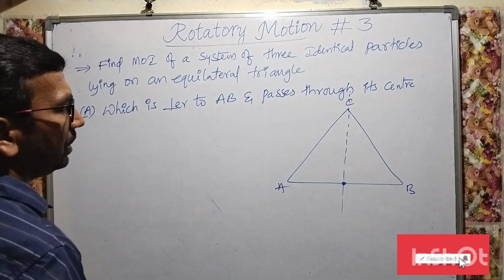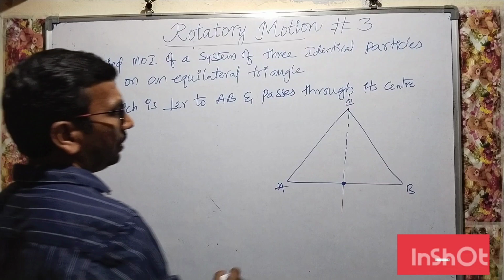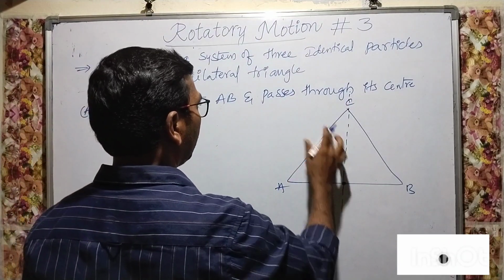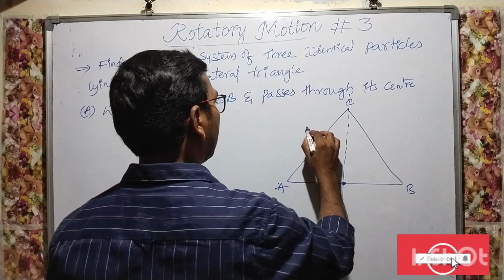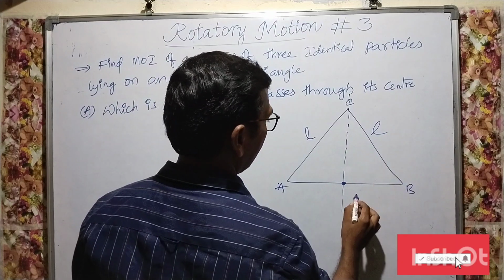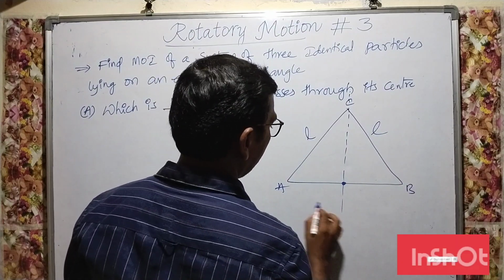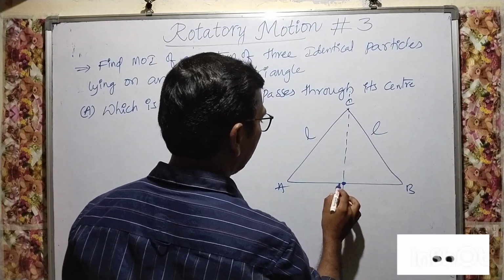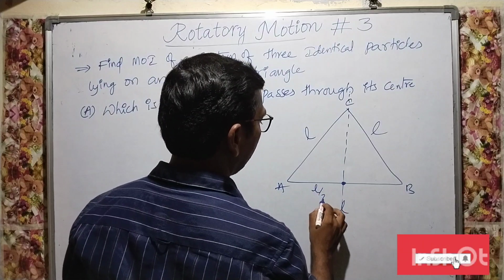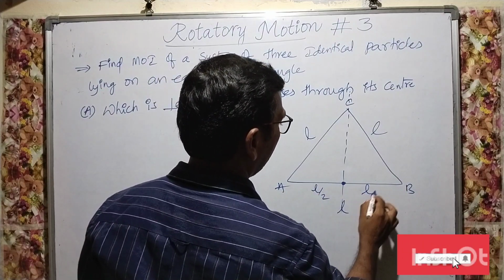So you can find out the MOI. Each side of the equilateral triangle, I will consider L. So the total length is L. What about this distance? L by 2. So this distance is L by 2.